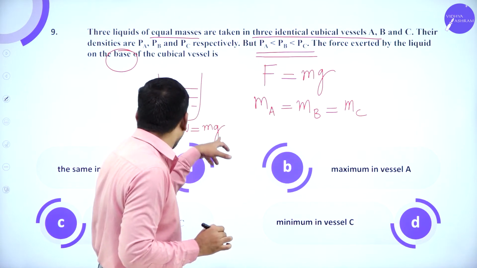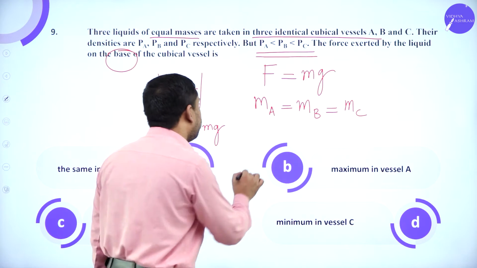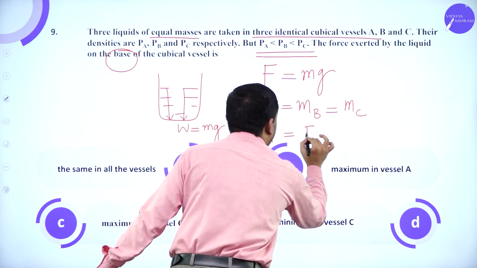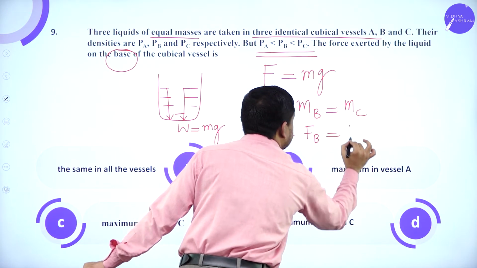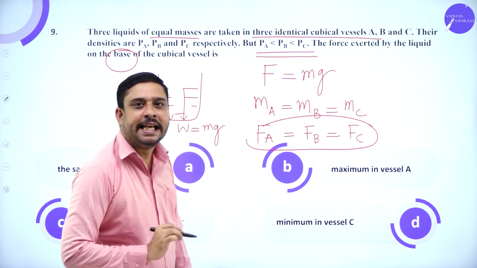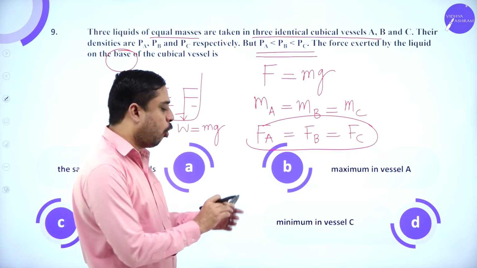Mass of all three liquids will be the same. So very clearly FA equals FB, which is equal to FC. All the three liquids exert the same force.